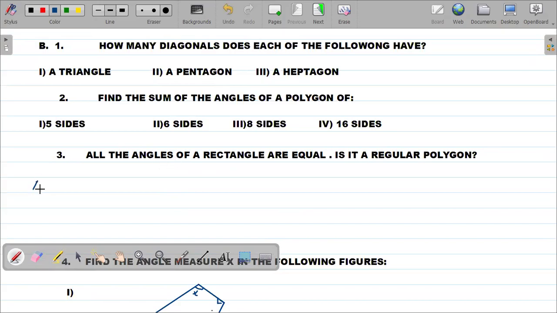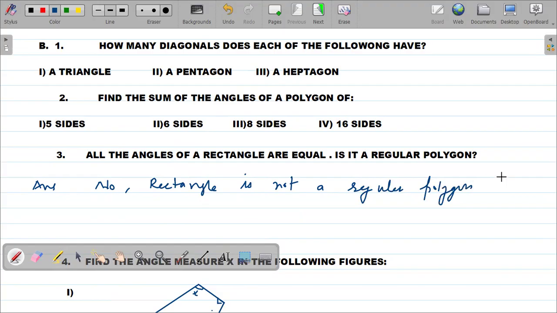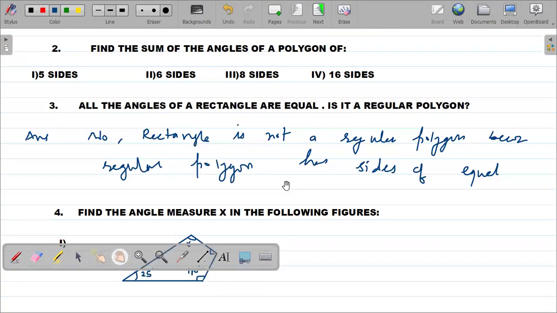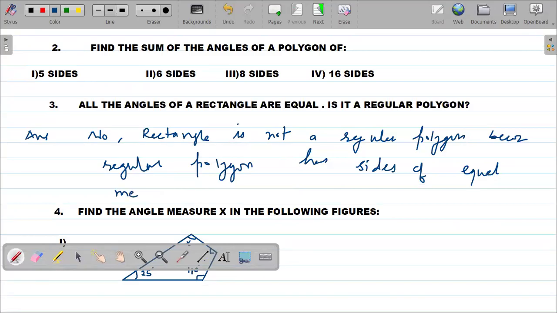So we will write in our answer: no, a rectangle is not a regular polygon, because a regular polygon has sides of equal measure and a rectangle doesn't have sides of equal measure. This is our answer. So let's move to question number 4.